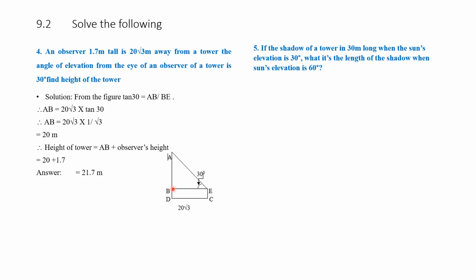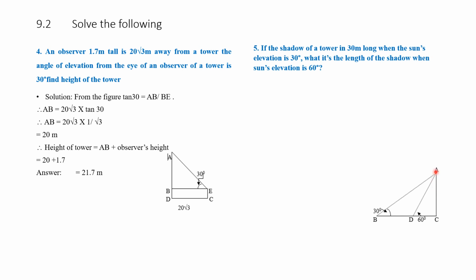Let us take example number 5. If the shadow of a tower is 30 meters long when the sun's elevation is 30 degrees, what is the length of the shadow when the sun's elevation is 60 degrees? See AC, there are two shadows.